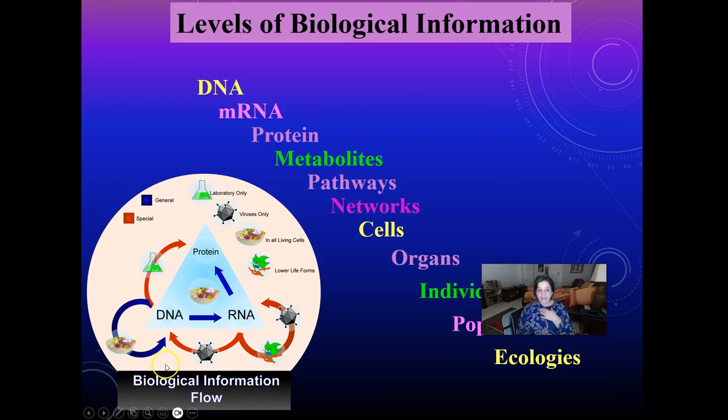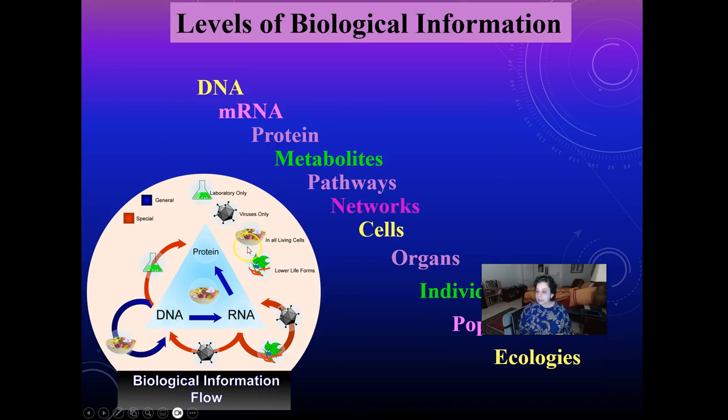In addition, there are certain systems that are applicable to specific organisms. For example, RNA can make more RNA copies of itself in lower life forms and in viruses. You can also have RNA reverse transcribed into the DNA equivalent.